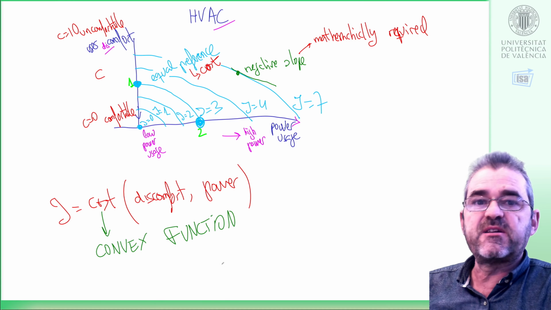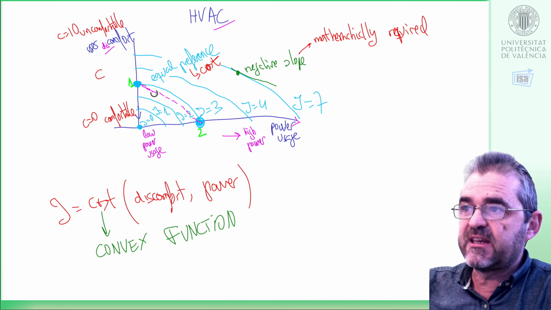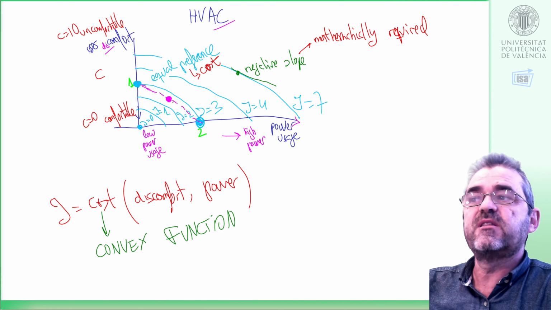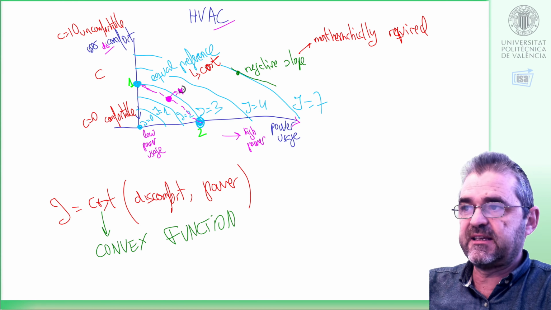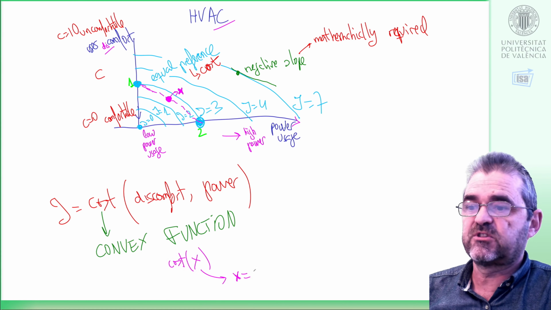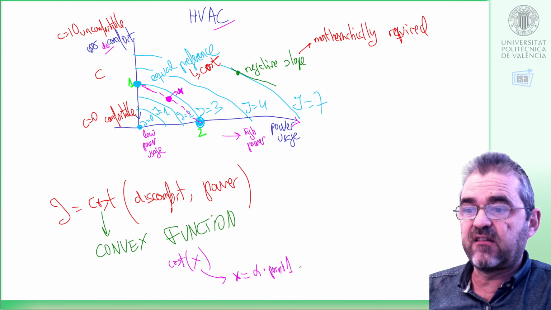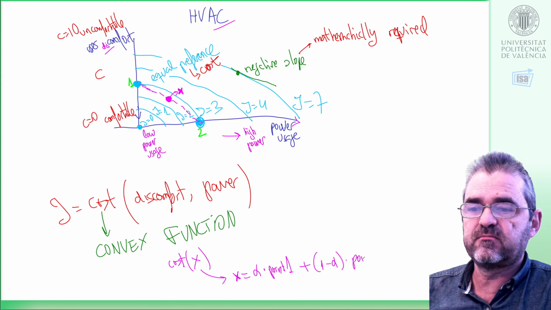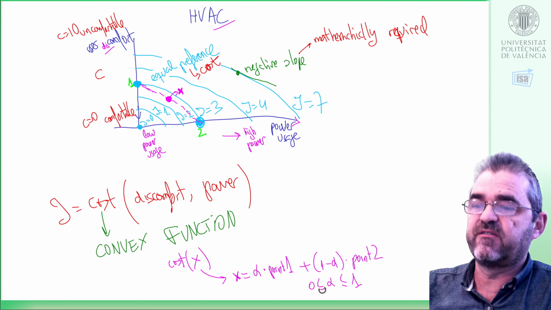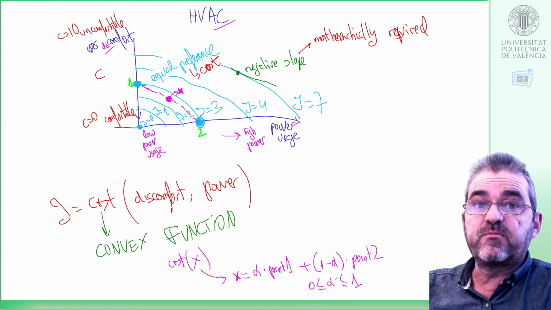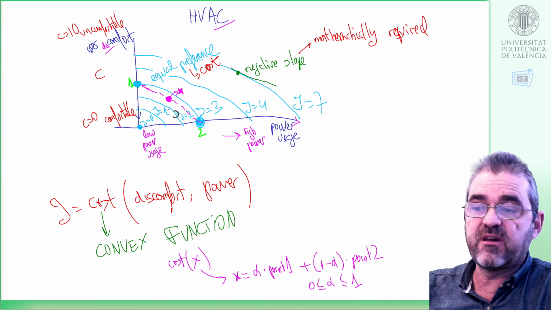Well, for a mathematician, it's that if I draw an imaginary straight line between points 1 and 2, then if I consider an intermediate point, let me call it x, then this cost is convex if the cost of point x, being x some interpolating coefficient alpha times point 1 plus 1 minus alpha times point 2, with alpha between 0 and 1. If alpha is 0, we are at point 2. If alpha is 1, we are at point 1. And if alpha is 0.5, then we are halfway between them.